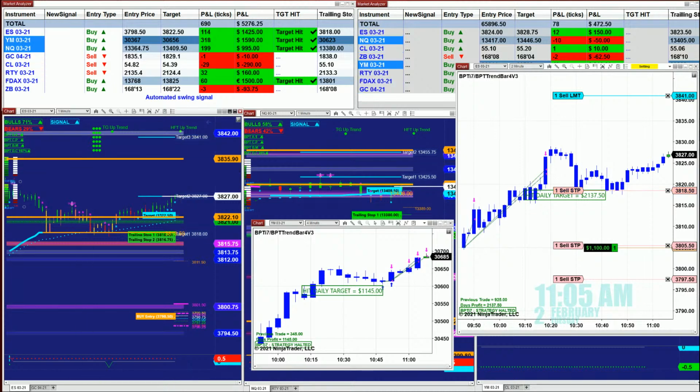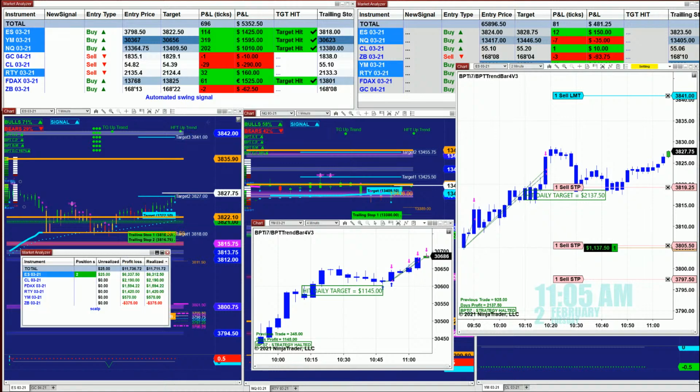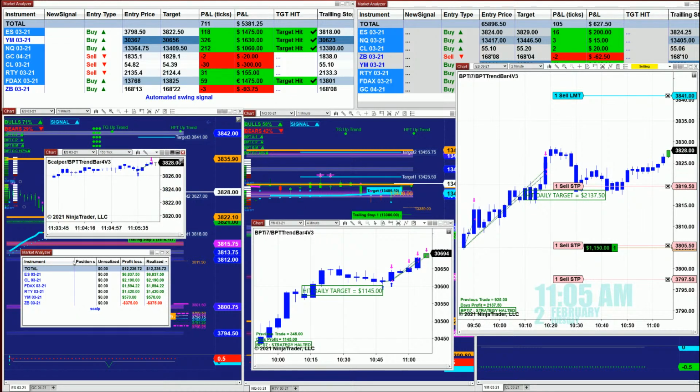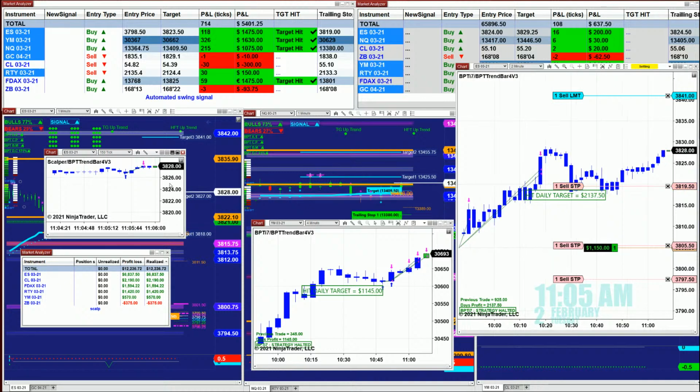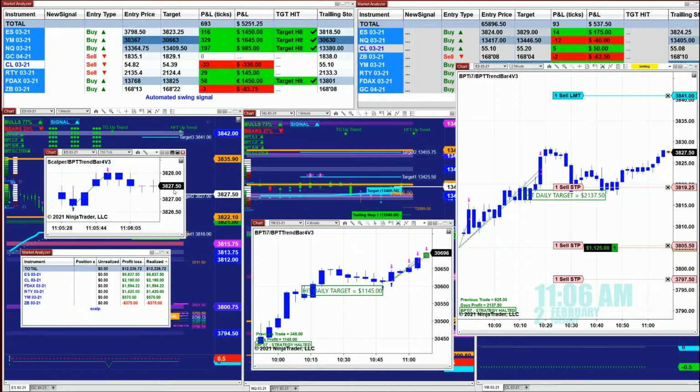The ES scalper just took again a trade on the ES and closed it. I'm not using a trailing stop on the ES. You put it on 000, trailing stop loss, and then let the system figure out when to exit and when to stay.